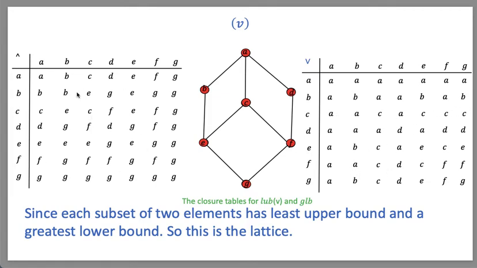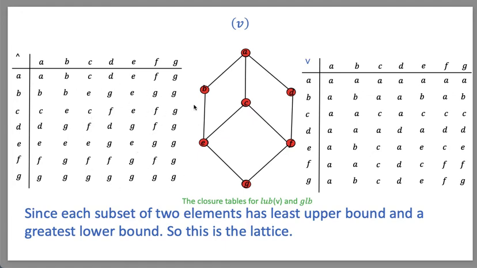For the greatest lower bound, A with A is A, greatest lower bound of B and A is B, greatest lower bound of A and C is C, greatest lower bound of A and D is A, greatest lower bound of A and E is E, greatest lower bound of A and F is F, greatest lower bound of A and G is G. Similarly, we can calculate greatest lower bounds for all the pairs of elements.